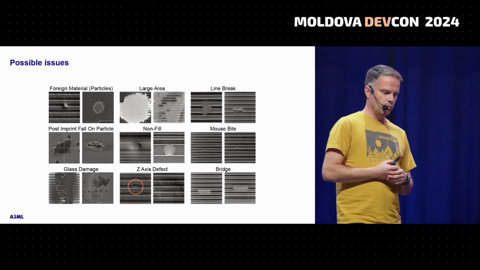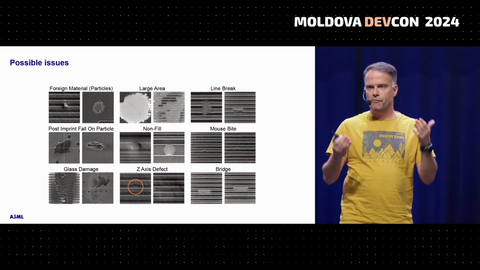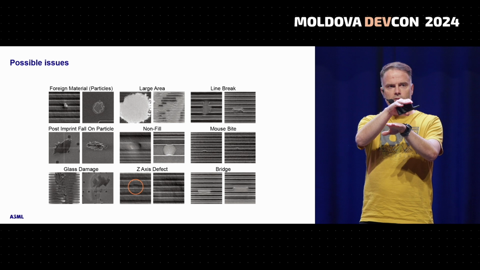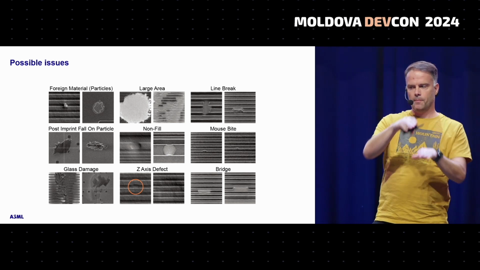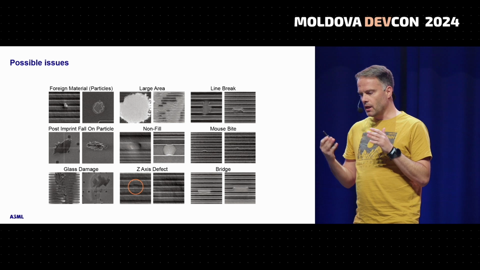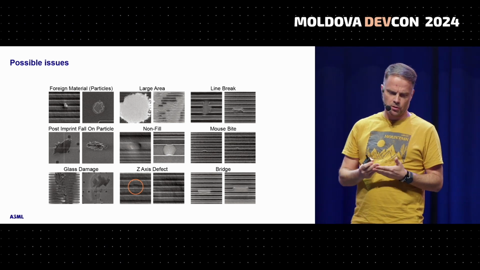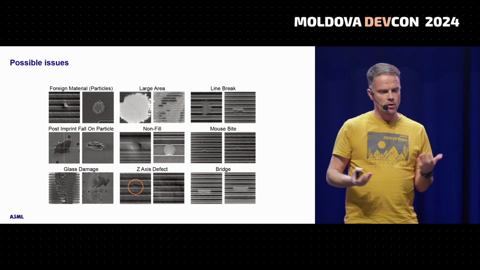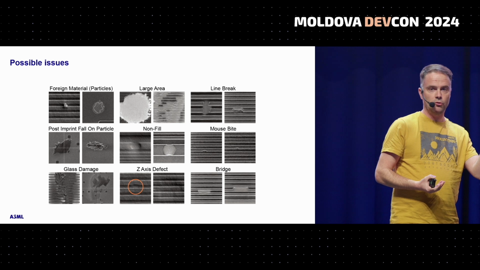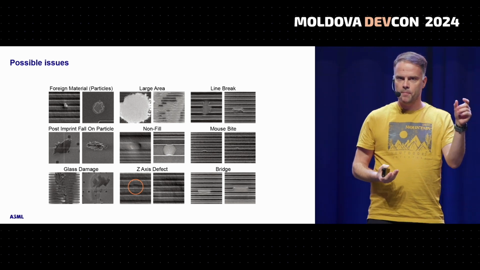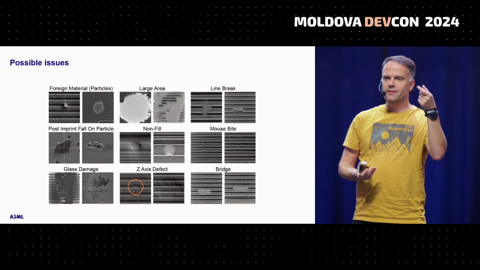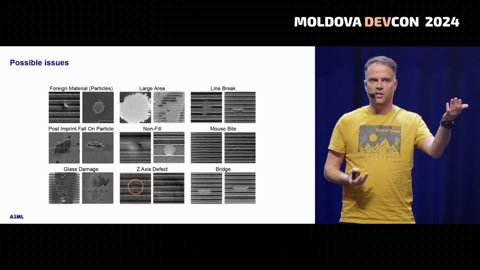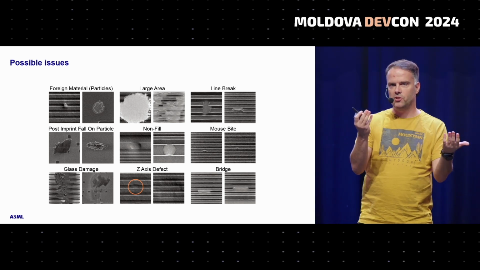Luckily, in some cases, we can do things against it. If we find out that it's a bit too far to the right, then we can try to make the next layer a little bit to the left. If all else fails, there are also some other constructions that our customers use. For example, if they try to create a 32 gigabyte memory chip and they find out that there was an issue in it, they could basically disable half of it and sell it as a 16 gigabyte chip, depending on how they design their chip.